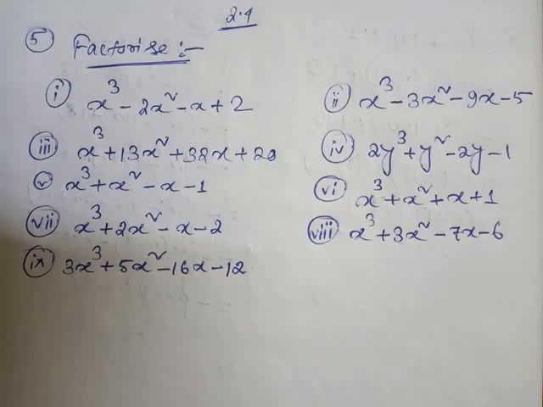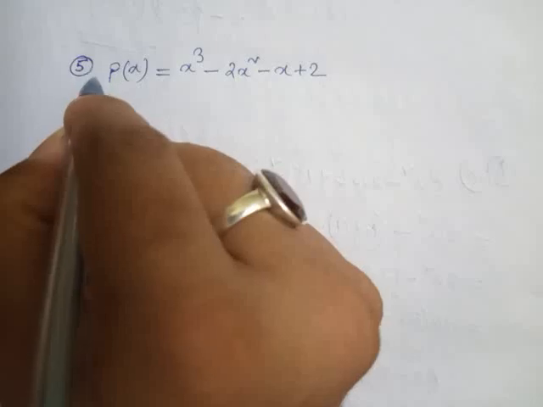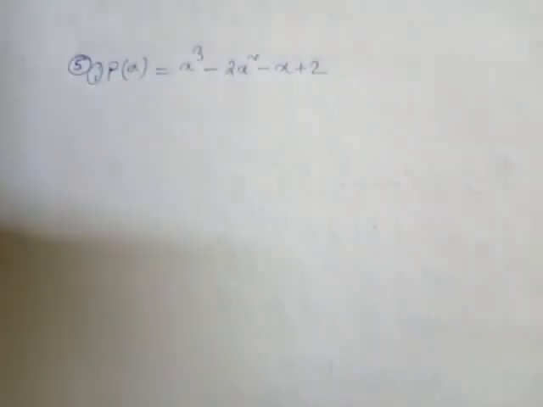First question. Now look, students, this is the first question, 5 Roman 1, and we have taken it as p(x), which means polynomial of x. Now, students, I'm going to solve this one by using the trial and error method. Now look, what is the trial and error method?